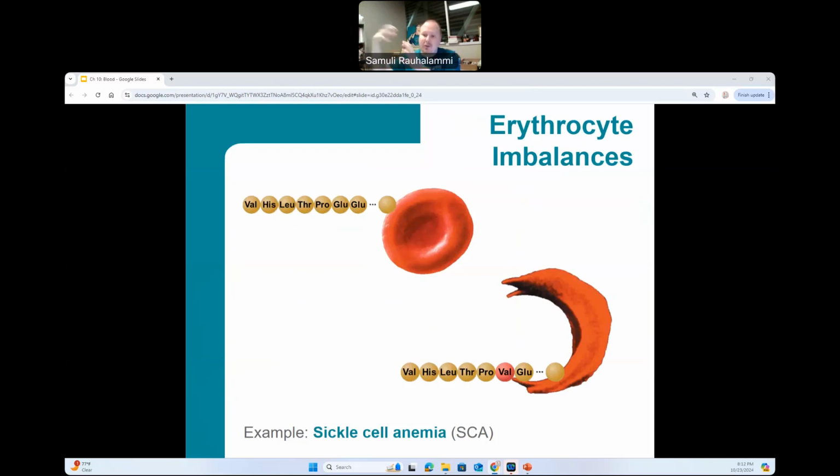And as a result, the protein folds incorrectly. Now the red blood cell, rather than a biconcave disc, is kind of crescent moon shaped. Its shape dictates that it's not able to carry as much oxygen as this normal biconcave disc red blood cell. We also see that these sickled red blood cells are particularly prone to get caught in the smallest of blood vessels, forming clusters of sickled red blood cells.